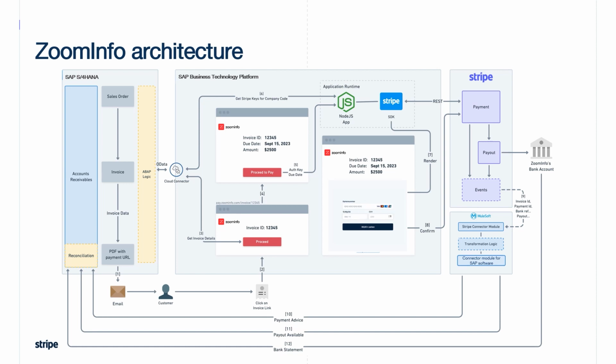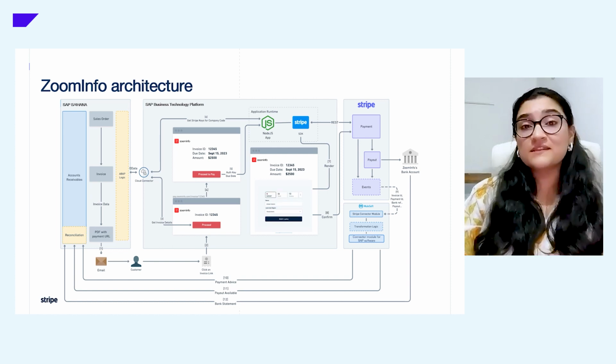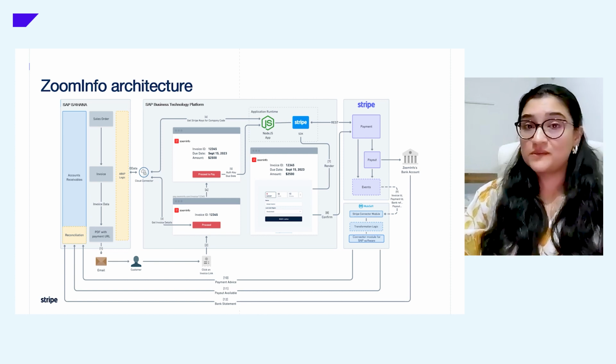On the left-hand side, you see the SAP S/4HANA that is owned by ZoomInfo. On the extreme right-hand side, you see the Stripe Payment Service Provider, and in between is sitting the SAP Business Technology Platform. As I mentioned earlier, S/4HANA in this case is the host of the various OData services.